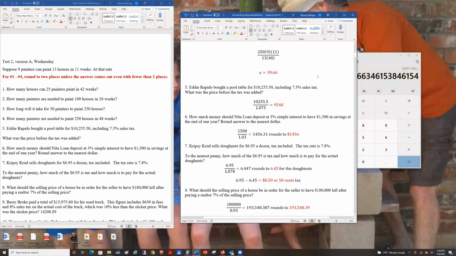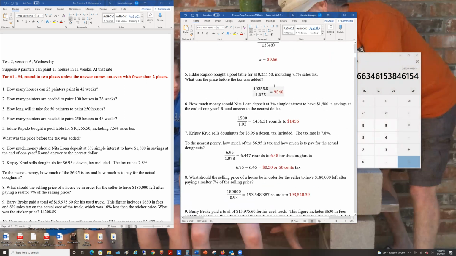Okay, the pool table costs that much, including tax. So this number, 10,000 plus, is some other number times 0.075 added to that other number. You cannot figure this out by taking 7.5% of the number that has the tax included.